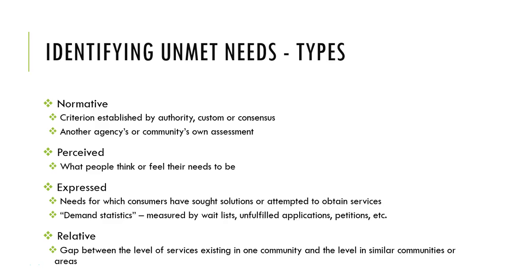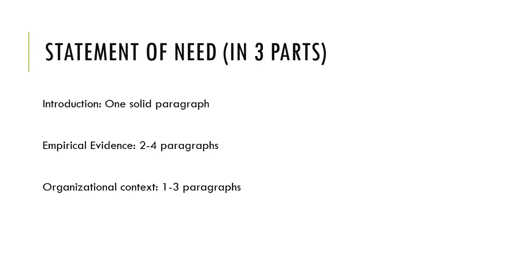So if Philadelphia is addressing the issue of homeless families in very innovative ways, and they have comparable statistics and comparable demographics, and they are experiencing more positive outcomes in working with homeless families and reducing homelessness among families, then Baltimore could look at their numbers, look at their population, and look at the gap between what each city is achieving versus what they're putting into it, and identify unmet needs in that way.